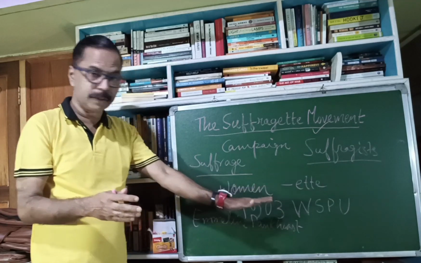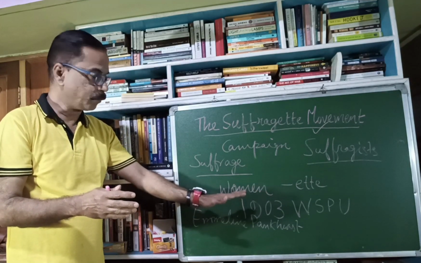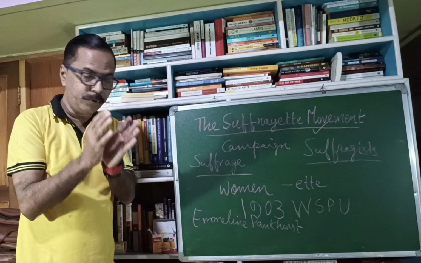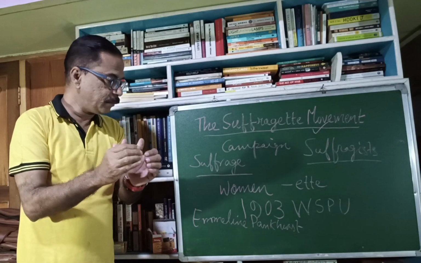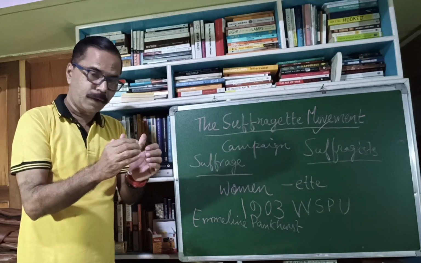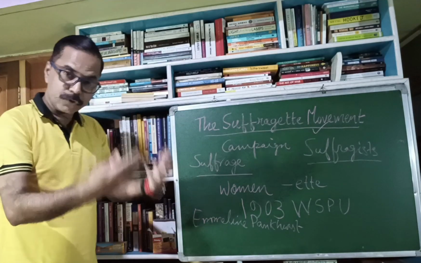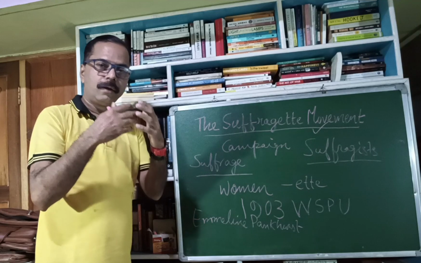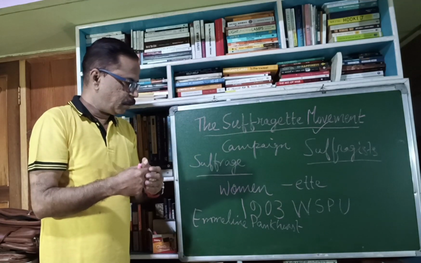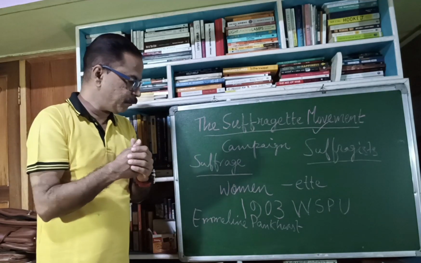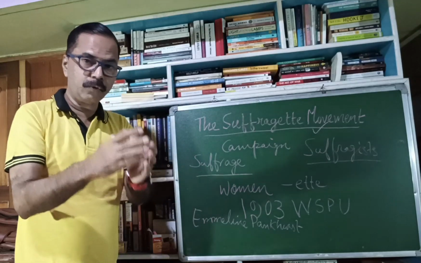Now the suffragettes of the 20th century are different. They are only women, militant women, using violence, hunger strikes, protest, damage to public property, disruption to the House of Commons.